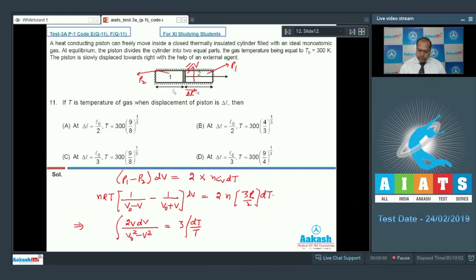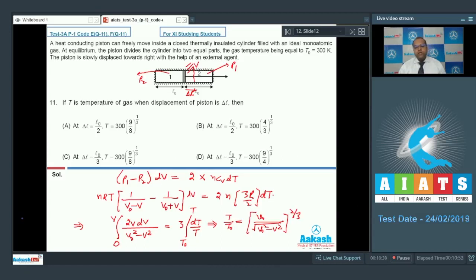So if I integrate, when delta L is 0 or V is 0, at that moment the temperature of the gas is T0, and at the instant when the displacement is delta L, V is V, and at that moment the temperature is T. If I integrate this equation, I will find T by T0 is equal to V0 divided by the square root of V0 square minus V square, raised to the power 2 by 3.